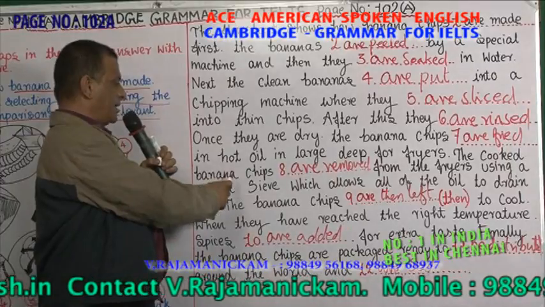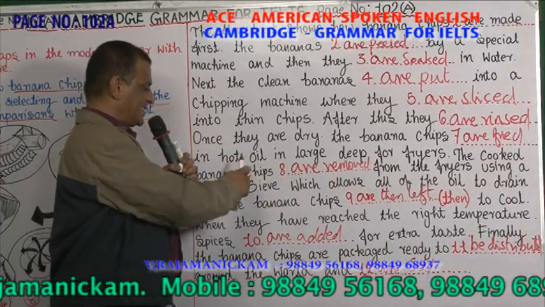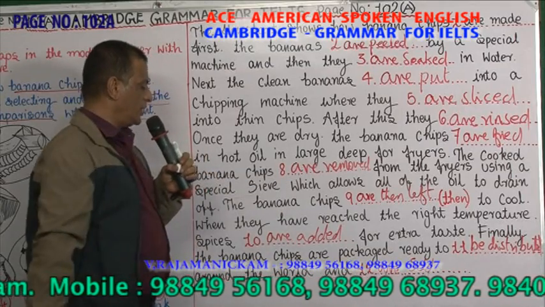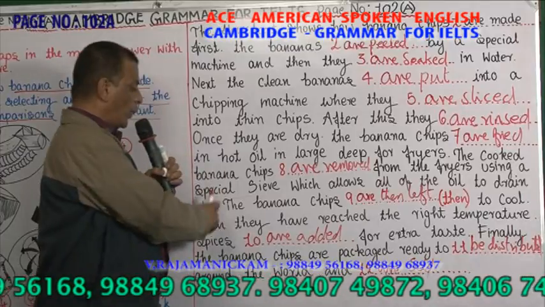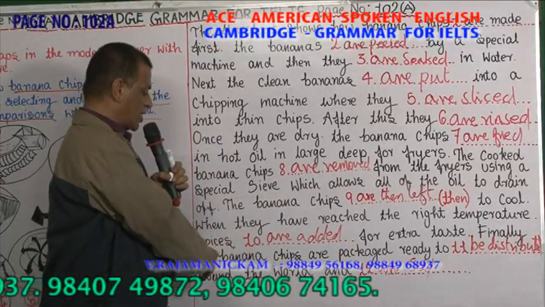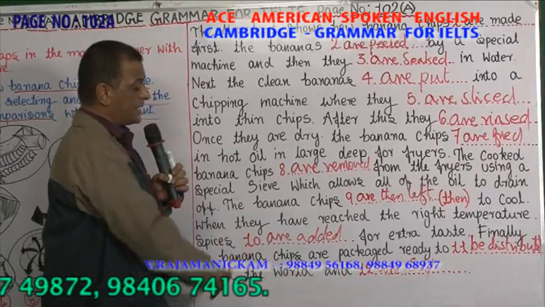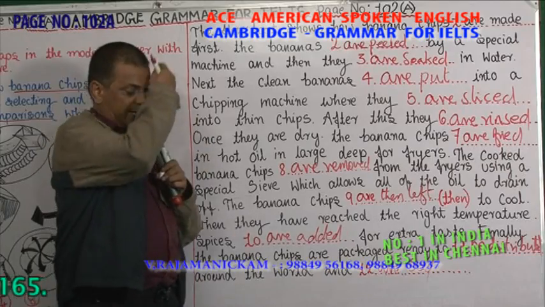The cooked banana chips are removed from the fryers using a special sieve which allows all of the oil to drain off. The banana chips are then left to cool. When they have reached the right temperature, spices are added for extra taste. Finally, the banana chips are packaged, ready to be distributed around the world and are sold.